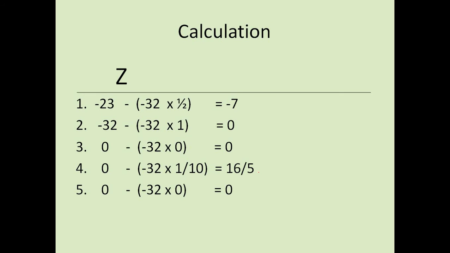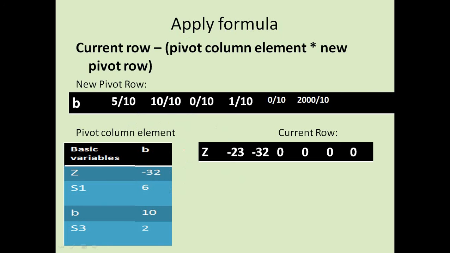So the calculation is involved here. Now this is your current row. Just look at it this way: your old Z value, what was your old Z value? That is actually your current row. You're solving it for the current thing. So this is your old Z value, and this is your pivot column value. The pivot element is this, and this value is for Z, and this value you'll be replacing for S1.